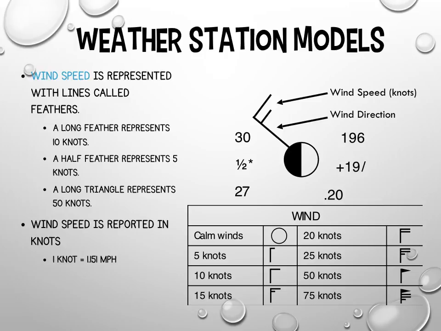So you can see that they're going up by an increment that is easy to count. The half feather is 5, a triangle would be 50, and the long ones represent 10. So we can easily calculate the speed of the wind once we know those numbers. And if there was no piece here, then there would be no wind at all for our weather at that point.